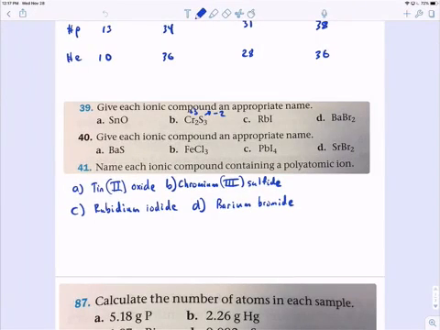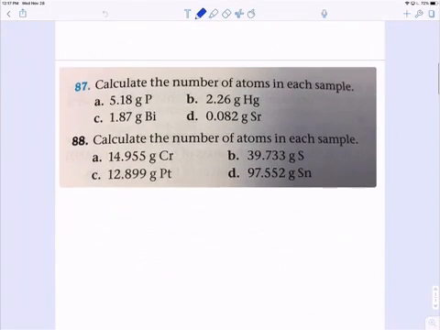All right, looks like everyone got it. Any questions? Okay.